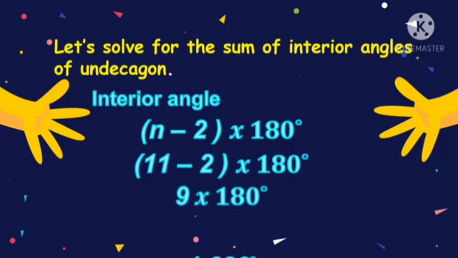So, the product, when we multiply the two factors, is 1,620 degrees. So, don't forget to write yung degree symbol. Kasi kapag wala kang degree symbol, that is incorrect. Okay? Therefore, ang sum ng interior angles ng ating undecagon is 1,620 degrees.